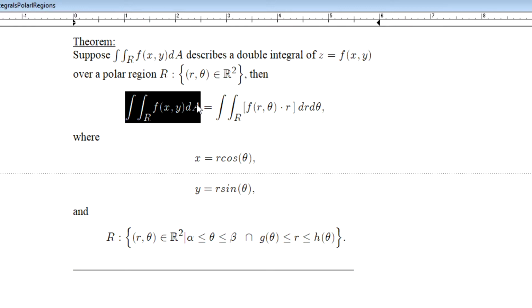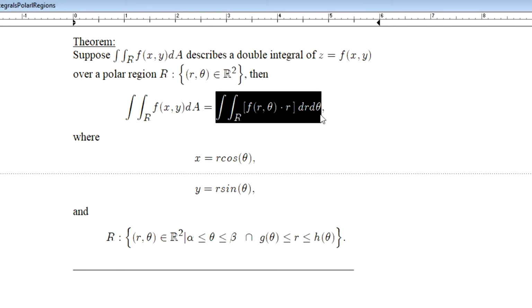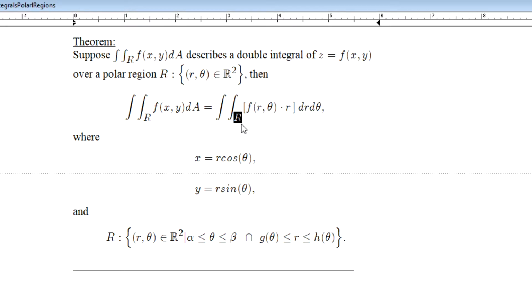When we go to approach this double integral calculation, then, it is going to be calculated as a double integral over region R that now is going to occur with respect to r and theta, right?